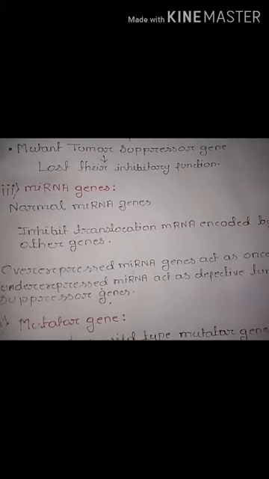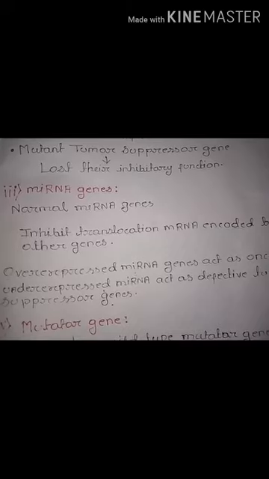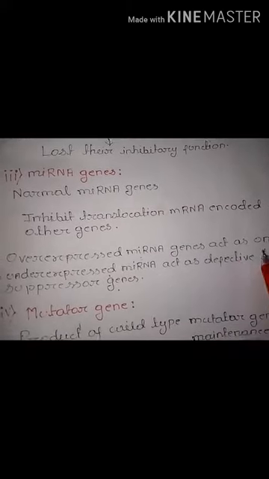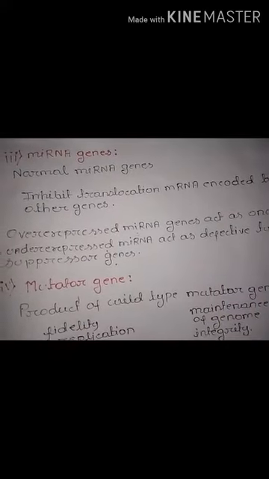But when the miRNA genes are underexpressed, they act like a defective tumor suppressor gene. The normal function of the miRNA gene is to inhibit the translation or transcription of mRNA encoded by other genes, or it may silence foreign DNA or foreign genes. But overexpressed miRNA acts as an oncogene and underexpressed miRNA as a defective tumor suppressor gene.